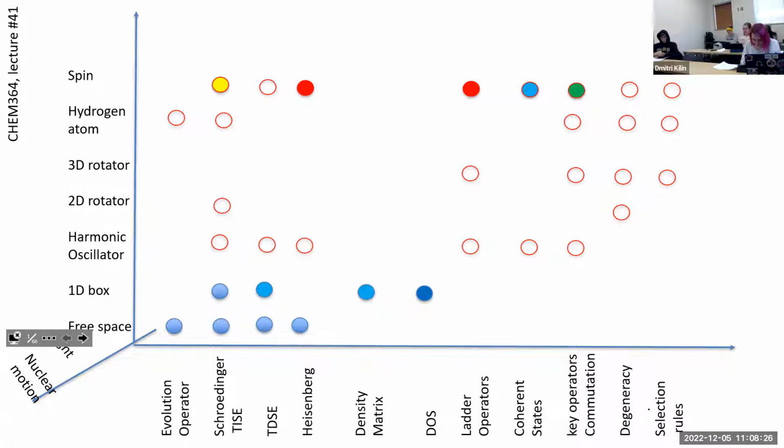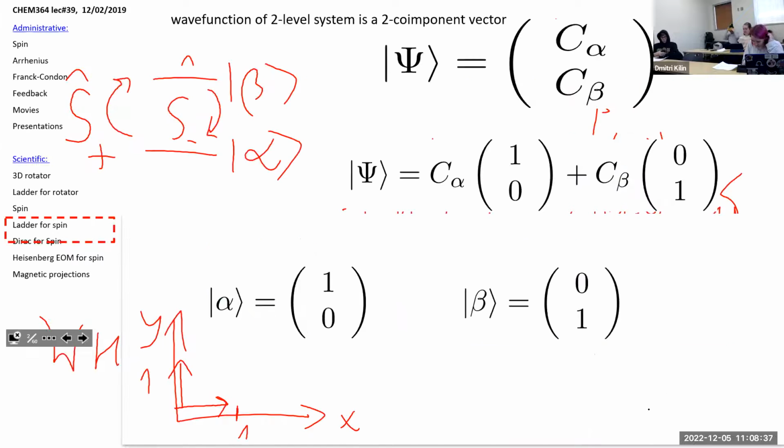Okay, so we discussed this slide last time. The dots on this map sometimes can be connected because the same theories are applied to 2 different subjects. This is something that you may remember from the previous meeting, right? The spin can be represented as 2 expansion coefficients in a 2-dimensional vector.